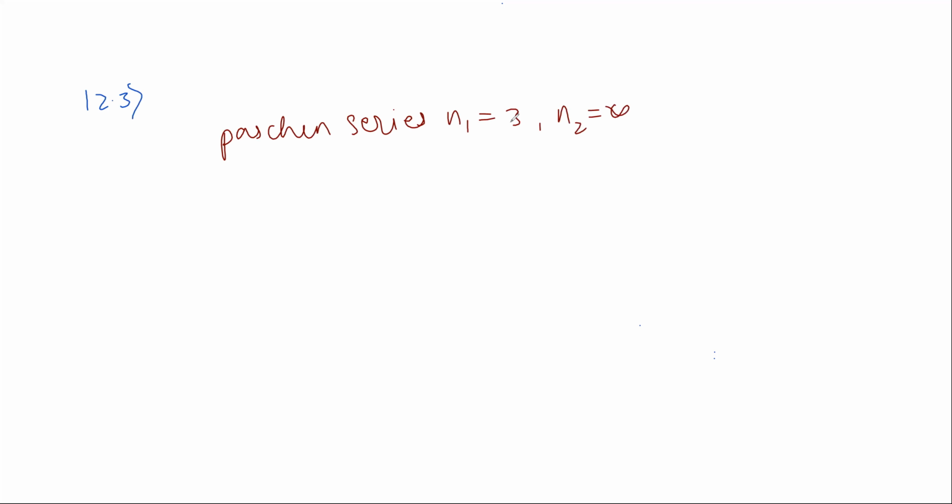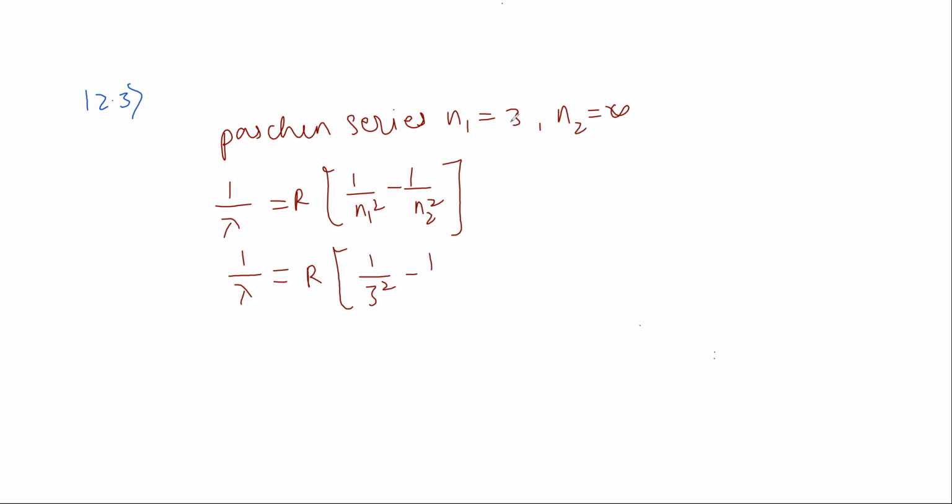So we are using the formula 1 by lambda is equal to R in the bracket 1 by n1 square minus 1 by n2 square, where R is the Rydberg constant, lambda is the wavelength, n1 value is 3 and n2 value is infinity. So on substituting, we get 1 by 3 square minus 1 by infinity, which is 0, so 1 by 3 square is 1 by 9. Therefore R by 9.